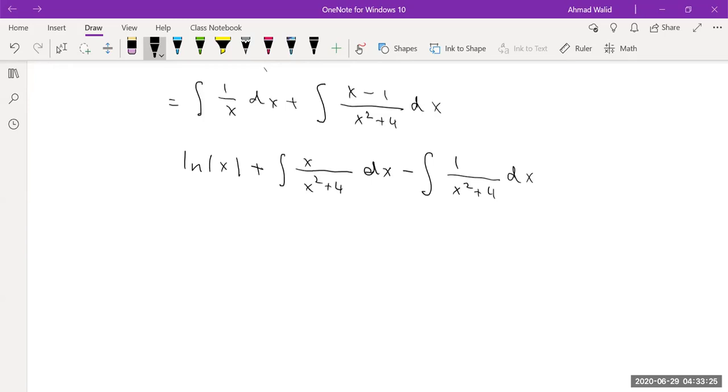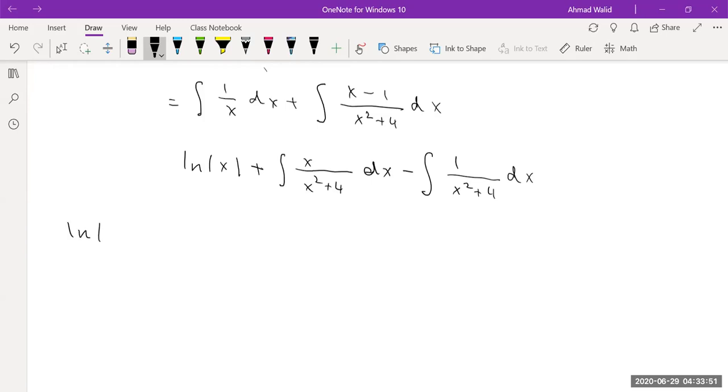The derivative of x squared is x. Then definitely here I'll use substitution. For 1 over (x squared plus 4), I will use the formula that I put in the notes for you: 1 over (x squared plus a squared). Definitely, I'll use a trigonometric integration here. Let's deal with it.